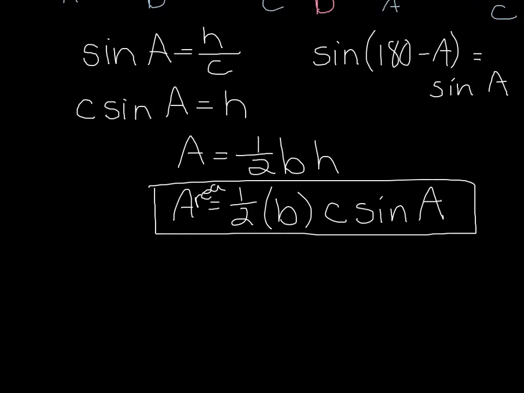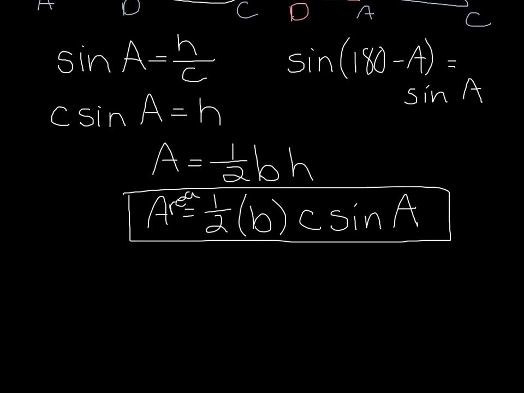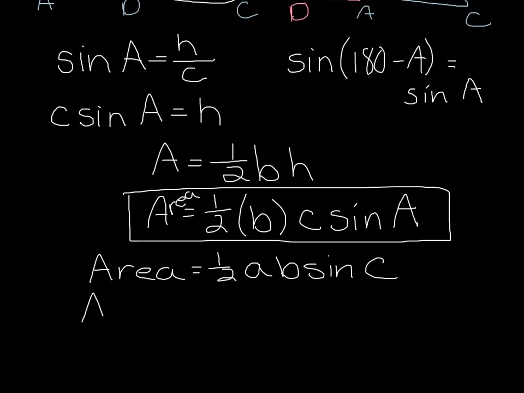So for the sake of time, I'm going to write area is also equal to 1/2 A times B times the sine of angle C, if that happened to be the configuration that you had of your triangle, or area is equal to 1/2 A times C times the sine of B.